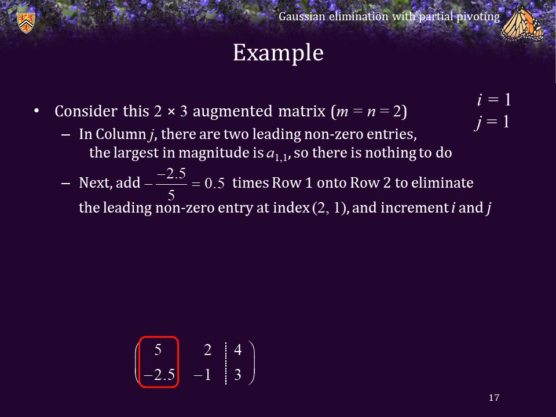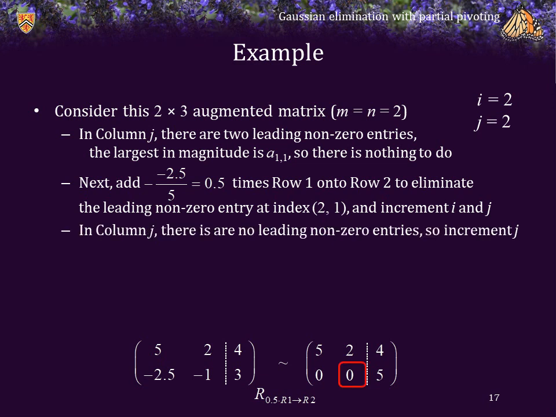Well, the only one that is left is in row 2, and so we negate negative 2.5 over 5 to get 0.5, and thus we add 0.5 times row 1 onto row 2 to eliminate this non-zero leading entry at index 2, 1. At this point, we increment i and j.